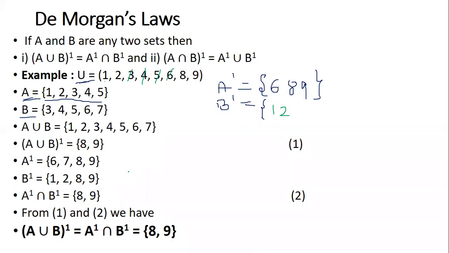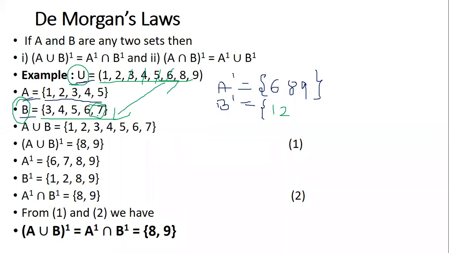You actually cannot take 7 here. Why can you not take 7? Because 7 is in B, but it is not in the universal set. When you compare the universal set and B, whatever is not present in B, only that has to be written.